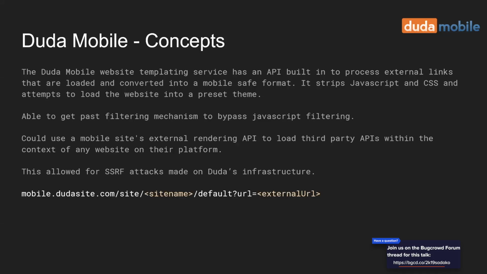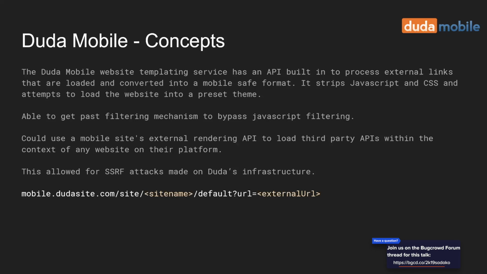is interesting. So right off the bat, in testing this, I was able to get past the filtering mechanism and bypass JavaScript filtering with onload directives and image tags. But I could also access the mobile site's internal rendering API to load other APIs within the context of this website on their platform, or any website on their platform.